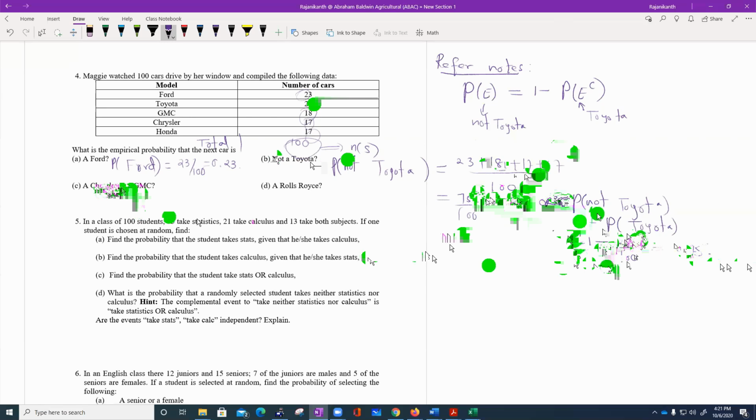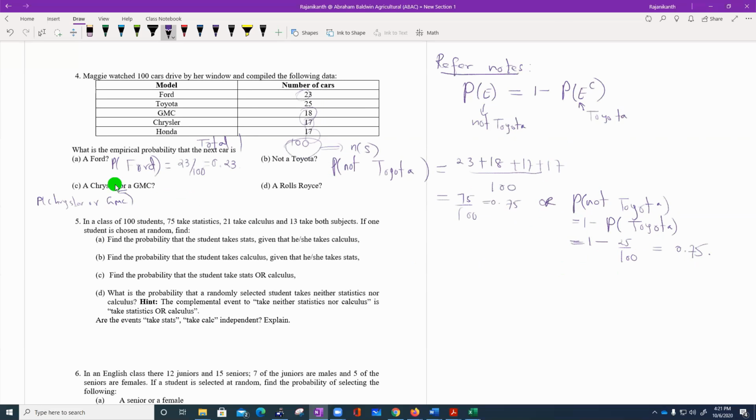Now here again, you see or, so you could think of the probability of Chrysler or GMC. Remember, we are looking for only one car, right? So you cannot have both at the same time. Therefore, again, this is a mutually exclusive event. So the probability of finding Chrysler or GMC is simply the probability of finding Chrysler plus the probability of finding GMC, right?